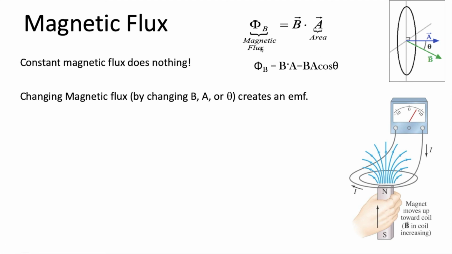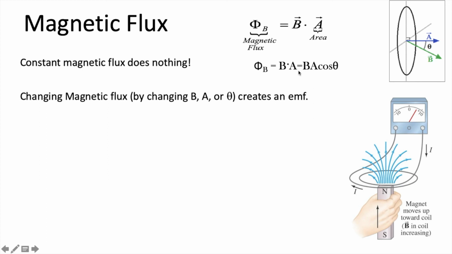Phi is a symbol for magnetic flux, actually phi B. For electric flux, it would be phi E. So phi B, magnetic flux, is BA cosine theta. So from this relation, we can see that the strength of magnetic flux depends on the strength of the magnetic field B, the area of the loop, and the angle between the area vector and the magnetic field vector.